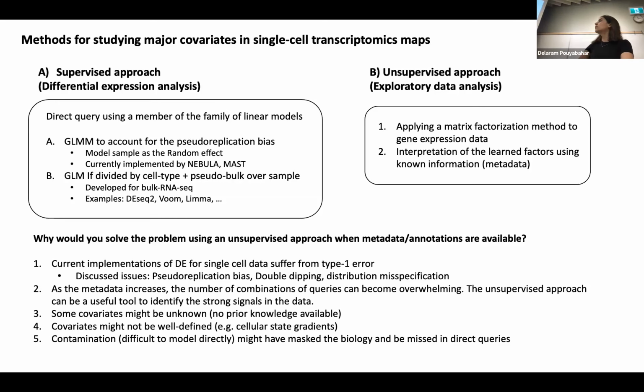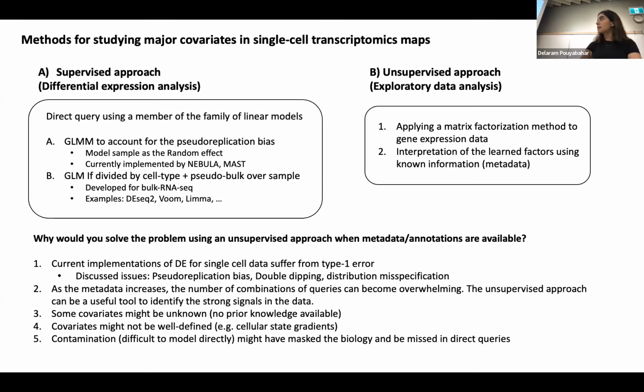Almost all of them suffer from type 1 error. We discussed pseudo-replication bias, double dipping, and distribution misspecifications last time. So the differential expression problem has not yet been figured out for single cell data, and the results that you get might not be very accurate.